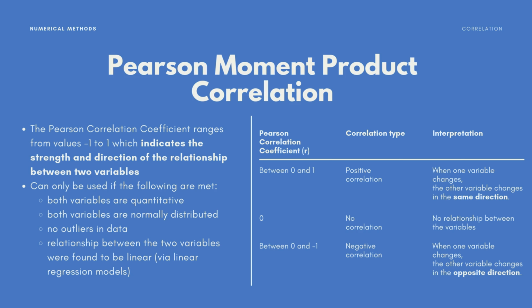Conversely, for a negative correlation, think of video game time and school grades. If you spend more time playing games, your grades might go down. That's a negative correlation. As one goes up, the other goes down.